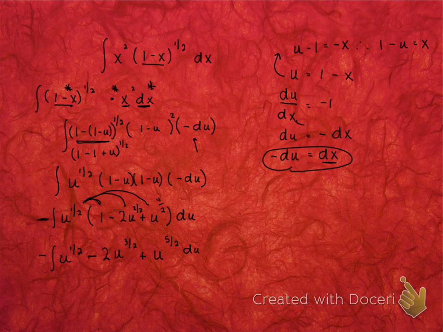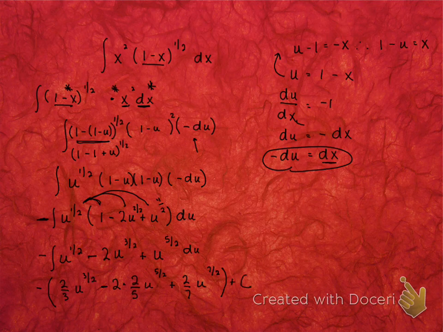Now we integrate. The antiderivative of u to the 1/2 is 2/3 u to the 3/2 minus 2 times the antiderivative of u to the 3/2, which is 2/5 u to the 5/2, and the antiderivative of u to the 5/2 is 2/7 u to the 7/2 plus c.